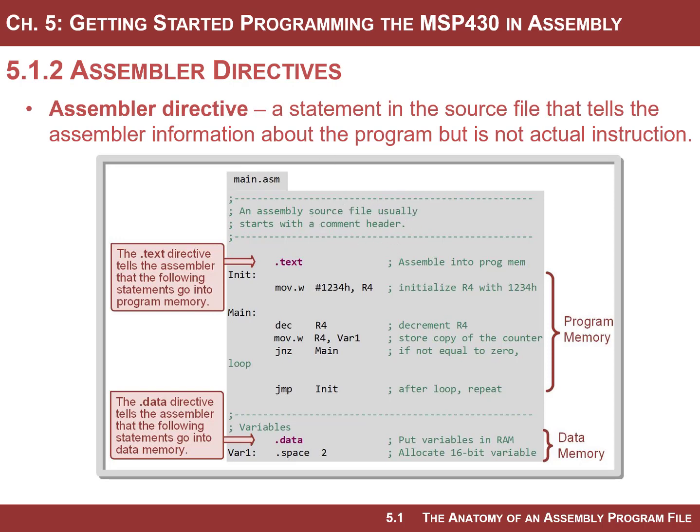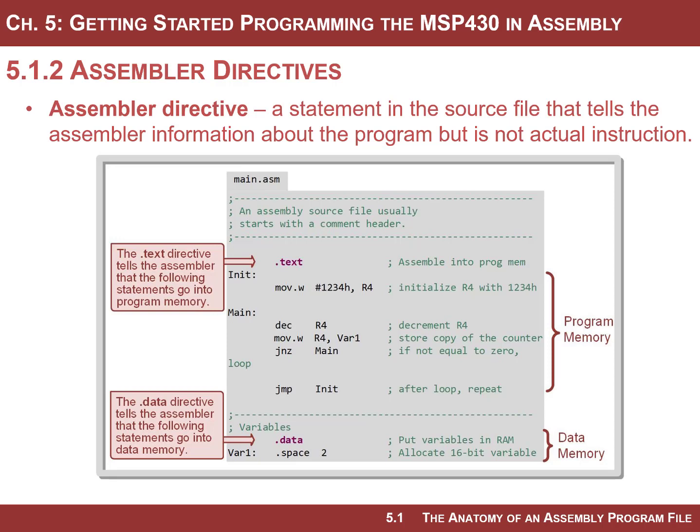Okay. The next type of statement is an assembler directive. An assembler directive is something where you need to tell the assembler information about your program, but it's not an instruction. An example of that is you say, I am going to write some instructions, but I want you to take these instructions and put them in a particular portion of the memory map.